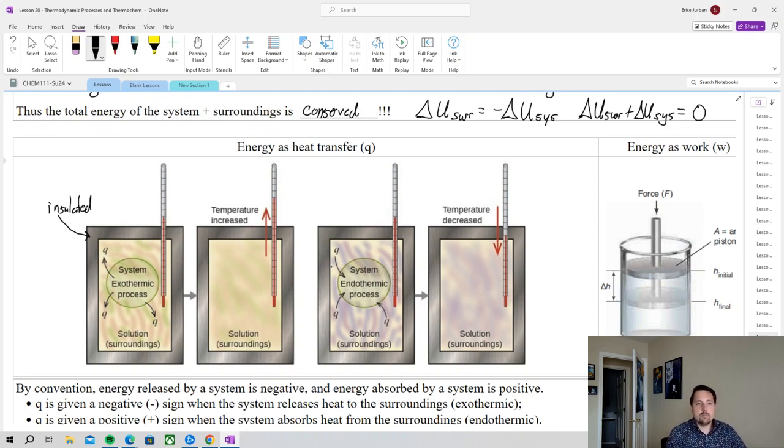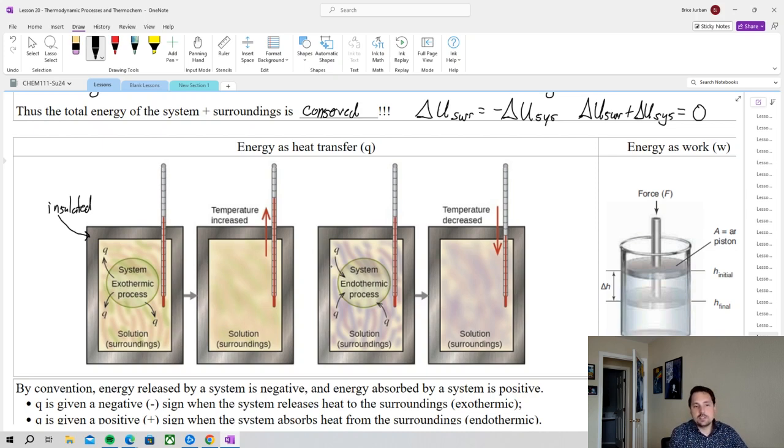It's difficult to measure the temperature of the system because the system will generally be present in a smaller amount than the surroundings. So this thermometer in the calorimeter is measuring the temperature of the surroundings.